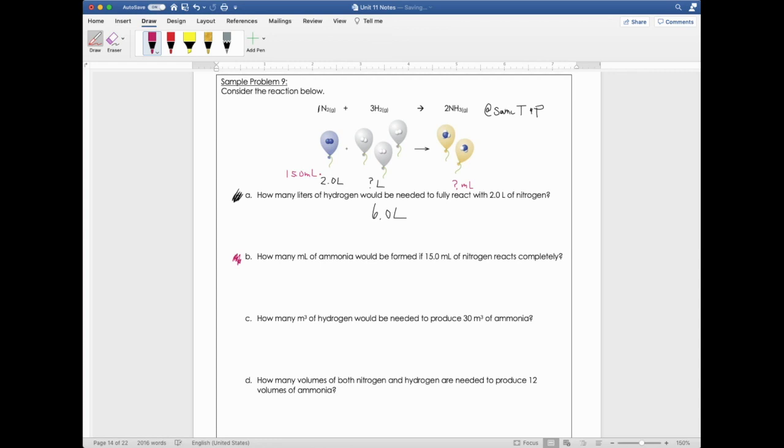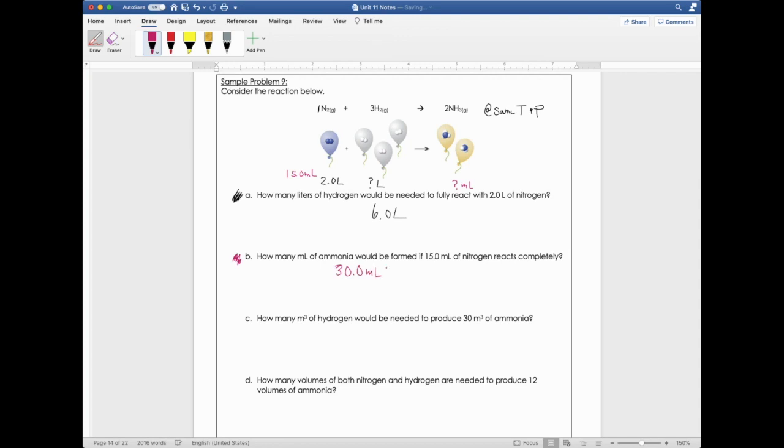Again, look at those coefficients in the top. If 1 volume of nitrogen produces 2 volumes of ammonia, the answer must be 30. It has to be double that. So your answer is 30 milliliters.